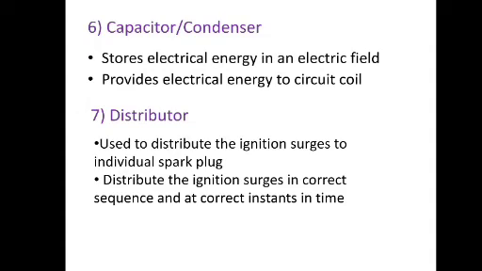Then the seventh one is the distributor. The distributor is a device which is used to distribute the ignition surges to the individual spark plugs. It is required to distribute ignition surges in the correct sequence and at the correct instant in time. The contact breaker and spark advance mechanism are combined with the distributor in a single unit.